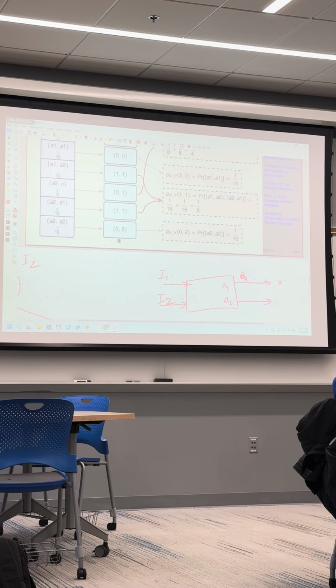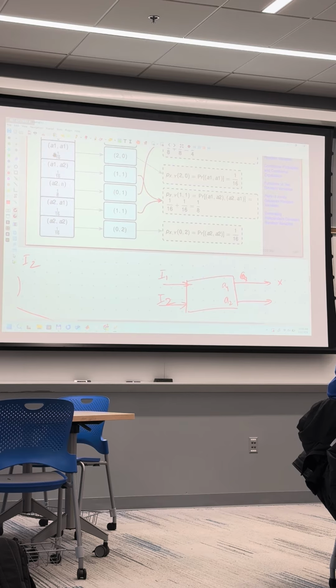Okay, A1, what does that mean? A1 is the first argument of the outcome. So A1 in the first argument means that a packet arrived in input port number 1 with probability 1/2, and that packet went to output port number 1 with probability 1/2.